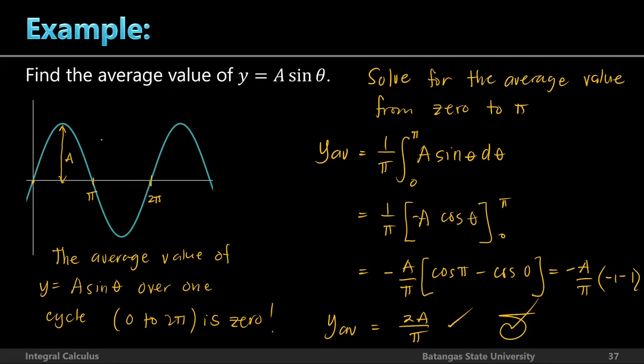Now, where does the application of the average value of a function come in here? In electronics and electrical engineering, we usually get the average value of the voltage. That average value is sometimes called the DC value of the voltage, or we simply call it the average value. Okay? And this is how the average value of the voltage is calculated. So, when you see a sinusoidal voltage, you now know how to get its average value.